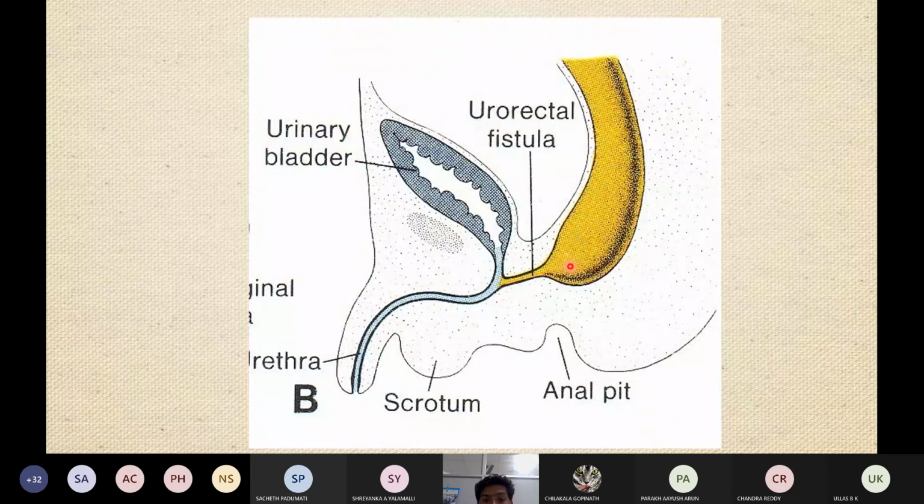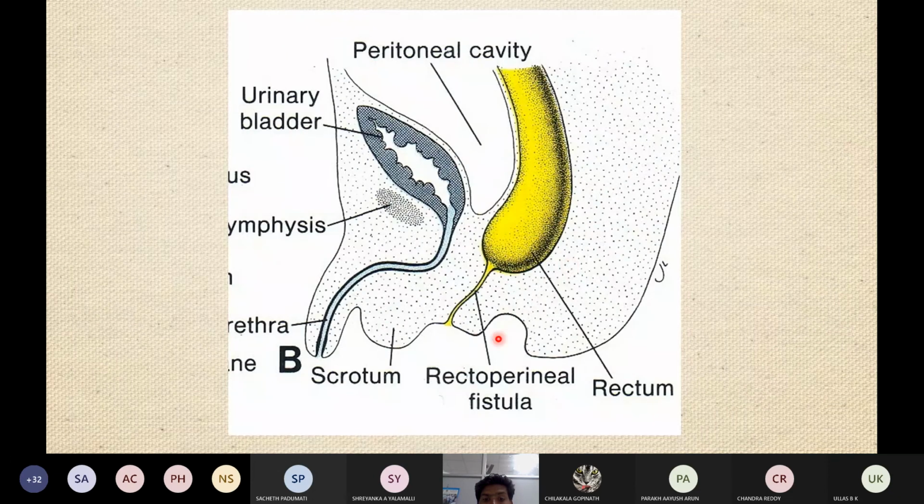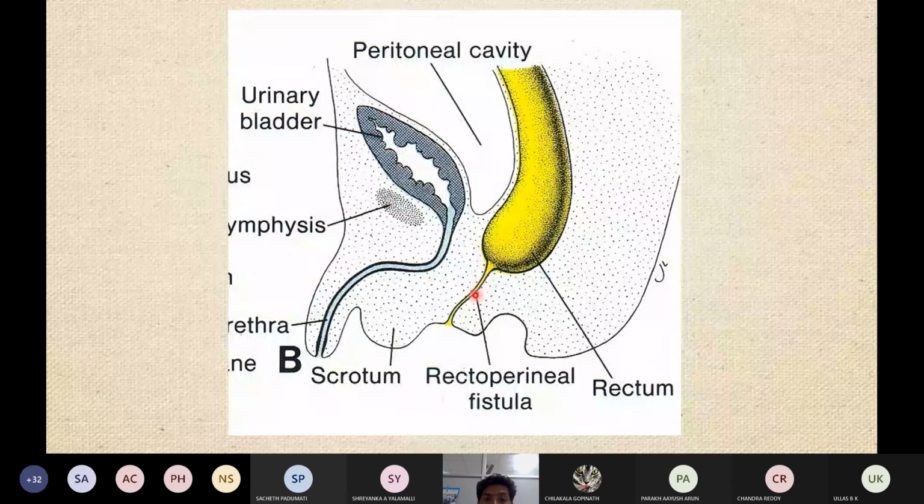Similarly, there is the rectoperineal fistula. The anal pit is here, but it is not coming over here. It has reached towards the perineal region. This whole area we call the perineum. So a rectoperineal fistula is formed here. In place of the anal canal, we have a different opening over here.